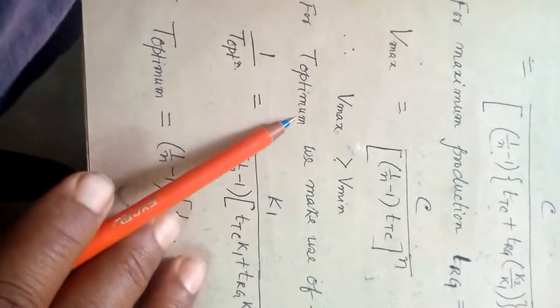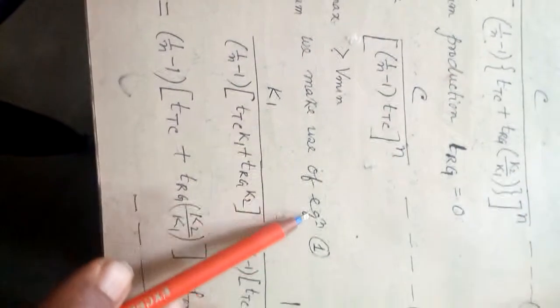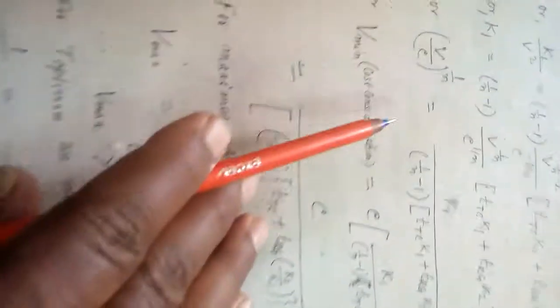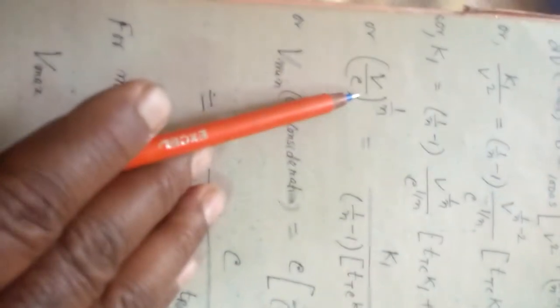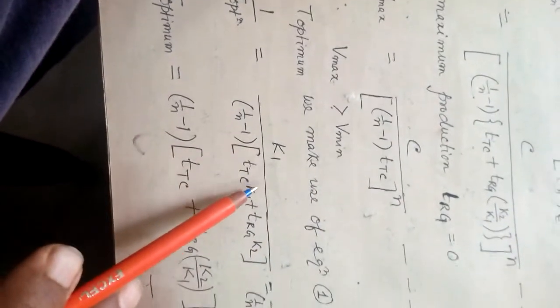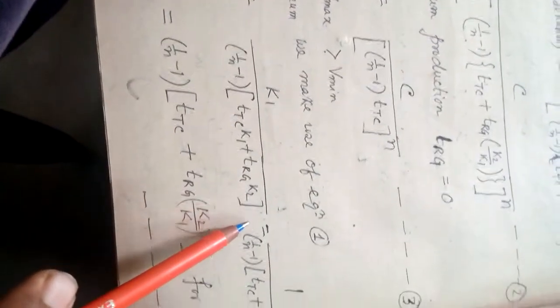For T optimum, we make use of equation 1. This equation, this is 1 by T. This equation, this is 1 by T optimum.